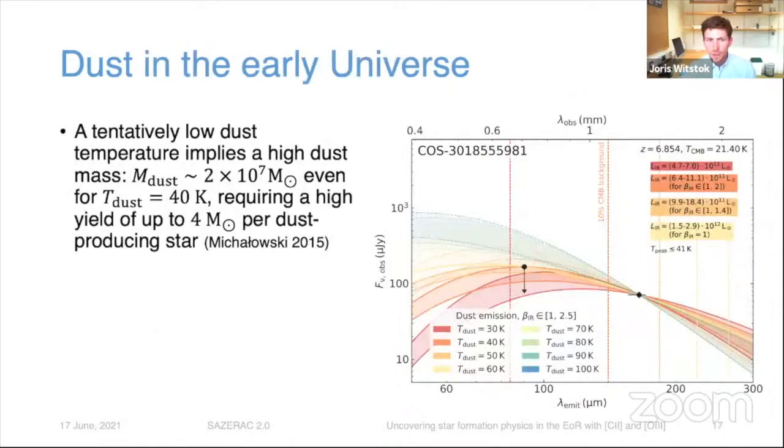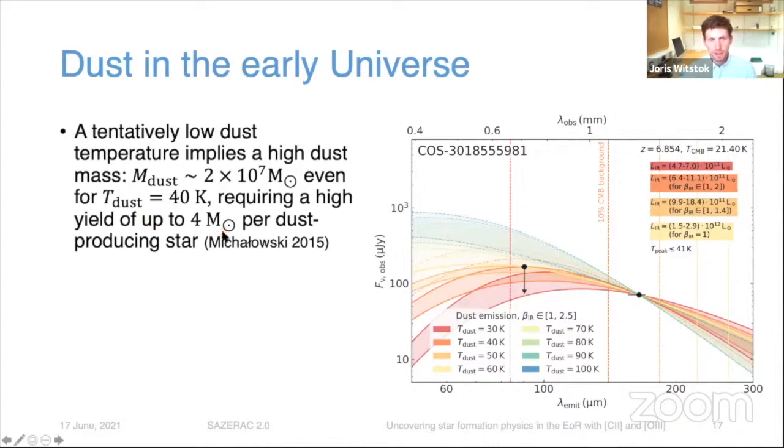So just one final point then: this low dust temperature in the system actually requires a relatively quite high dust mass. And combined with the relatively low stellar mass, we can convert this into a dust yield, so how much dust mass is produced per dust producing star, which results in this number of up to about 4 solar masses.